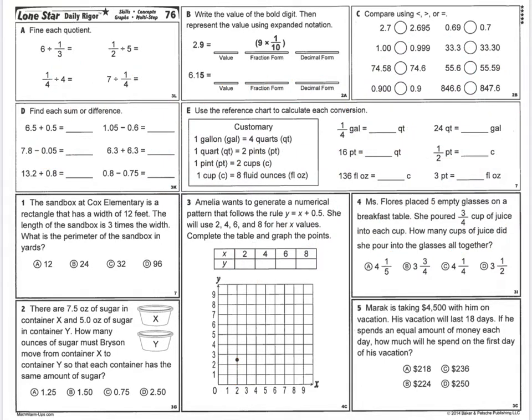Number 4, Miss Flores placed 5 empty glasses on a breakfast table. She poured 3/4 cups of juice into each cup. How many cups of juice did she pour into the glasses all together? Okay, so if you think about it, that's 5 glasses.